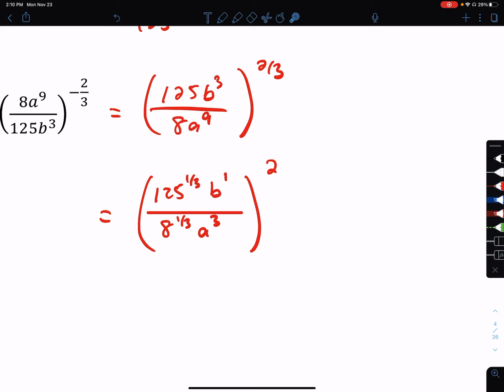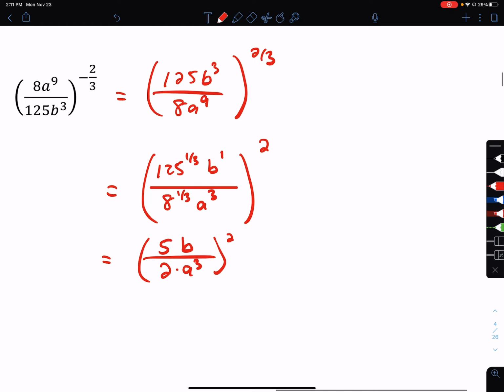I don't want to use the word distributed. Terrible wording. That implies the distributive property, which is for addition and subtraction. This is not that. We use the power of a product rule, and we applied this exponent to every factor on the inside. Now the cubed root of 125 is 5. Cubed root of 8 is 2.